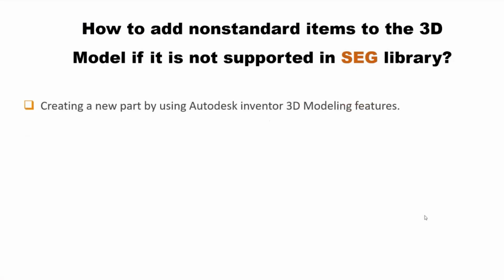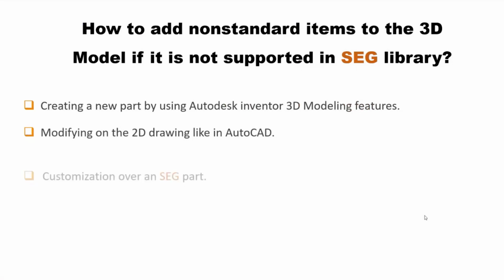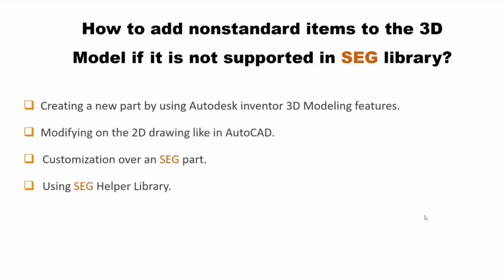Okay, and we will discuss that on a separate slide. Modeling, modifying on the 2D drawing itself, like modifying in AutoCAD by making sketches on views. Customization over an SEG part, and each one of those we will discuss in a separate slide.